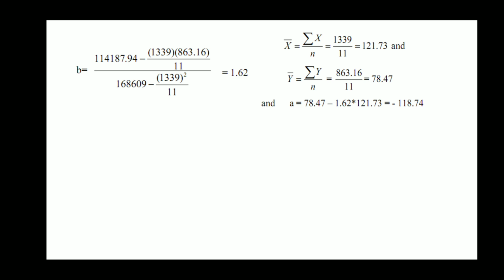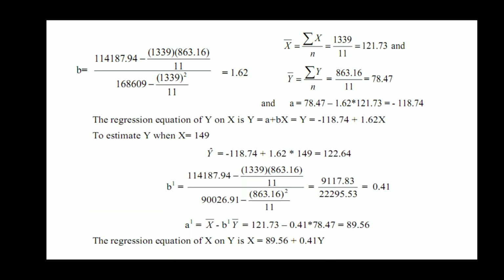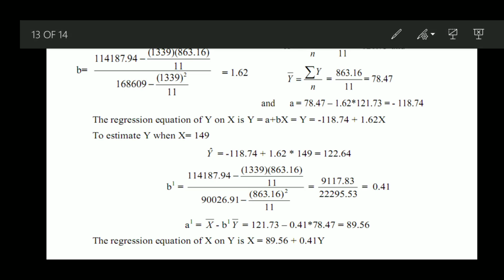This is the value of the regression coefficient of y on x, and from that table we have calculated the mean of x and mean of y, and a, that is your intercept for the first model. This is for the model y on x. Likewise, we have calculated for the model x on y.